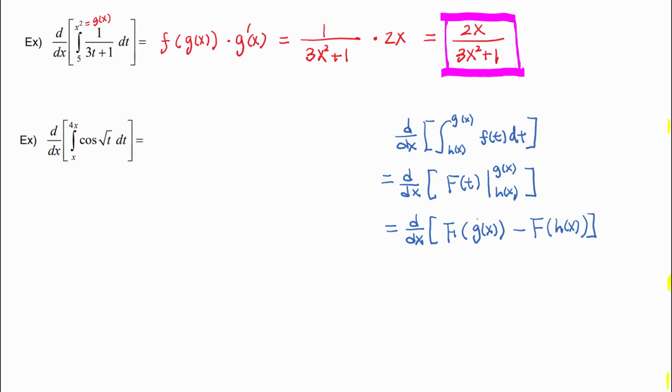Now, when you take the derivative of each, you can see that I needed to use the chain rule on both functions. So for the first one, my result will be little f of g of x times the chain rule g prime of x, minus small f of h of x times the chain rule h prime of x.